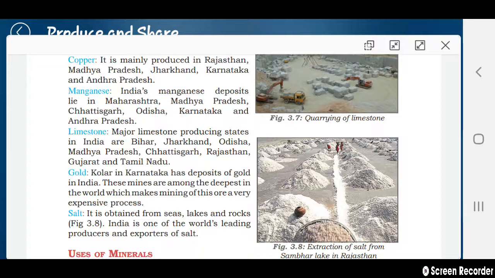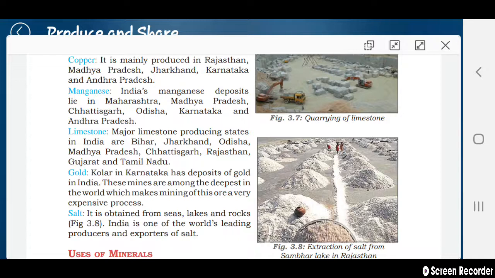And manganese. India's manganese deposits can be seen in Maharashtra, Madhya Pradesh, Chhattisgarh, Odisha, Karnataka and Andhra Pradesh.